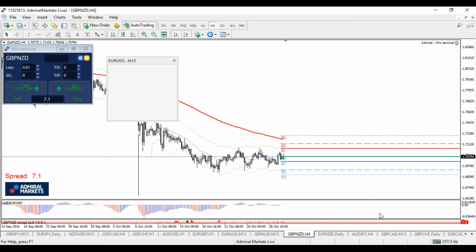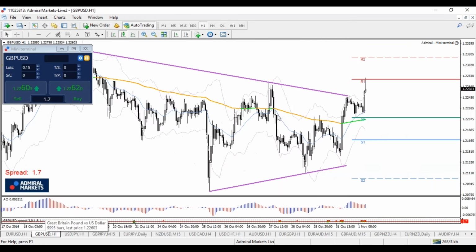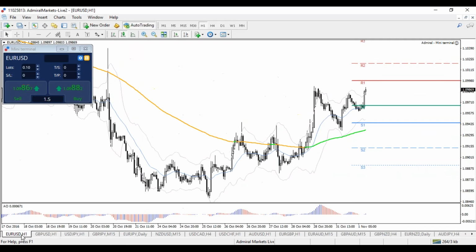That's about it. At this moment, I don't see much on these majors and major crosses. If I make a summary, I do think there's a potential for pound yen to continue. Let's see if that happens. I think that Euro might continue as well, but I want to see a break above 110.